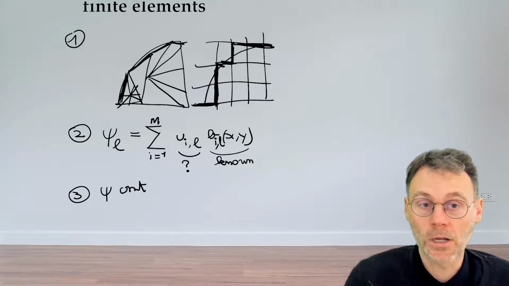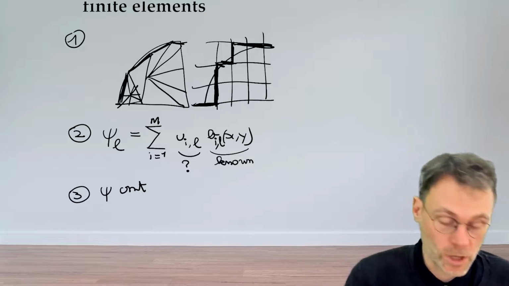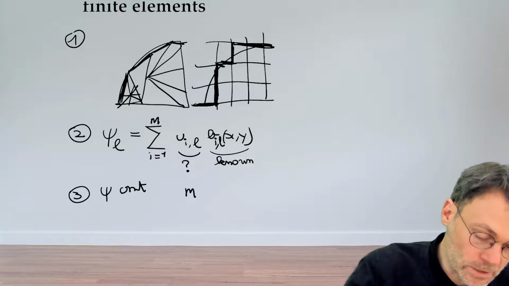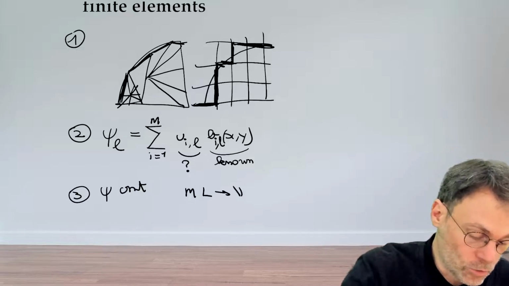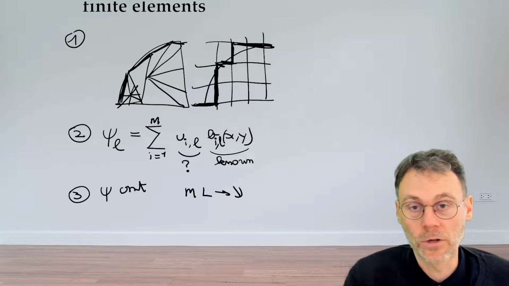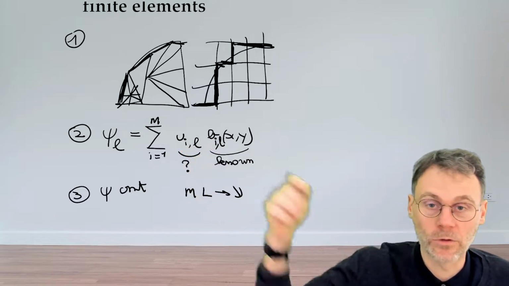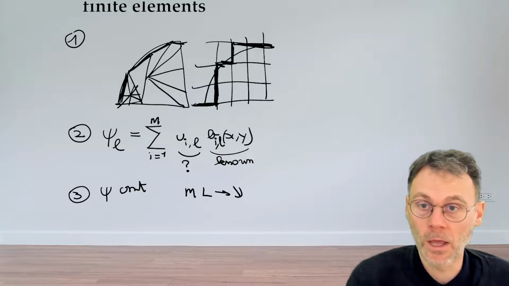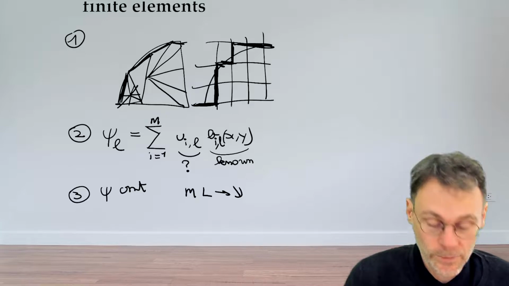And that is something you can exploit to basically reduce the number of unknowns. So rather than having m, the number of basis functions, times L, the number of elements, you end up with a smaller number because many of those will be counted twice, once for one element and once for the adjacent element. So in step 3, we've glued together all our elements.